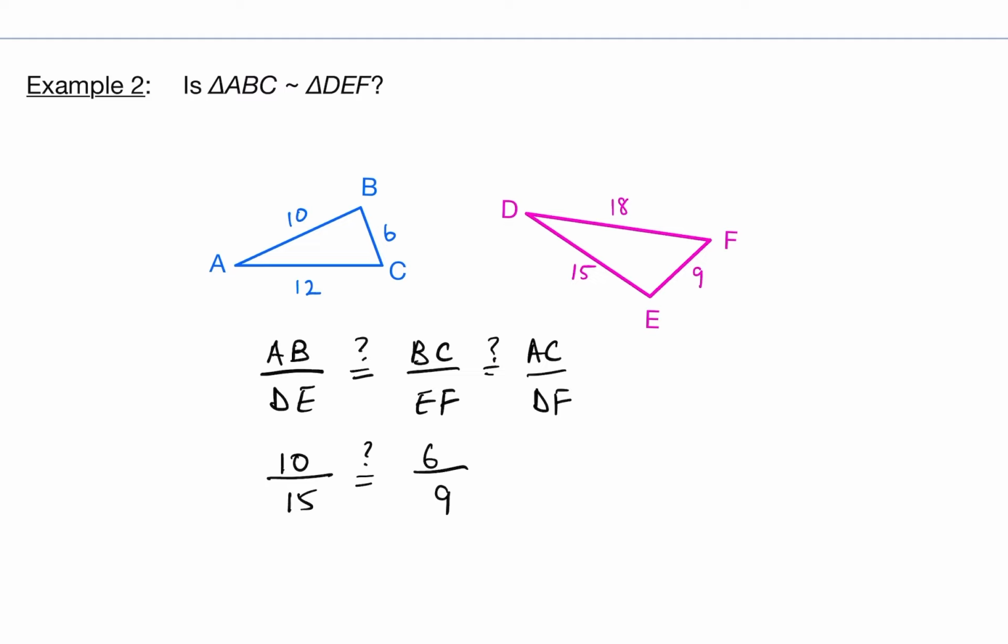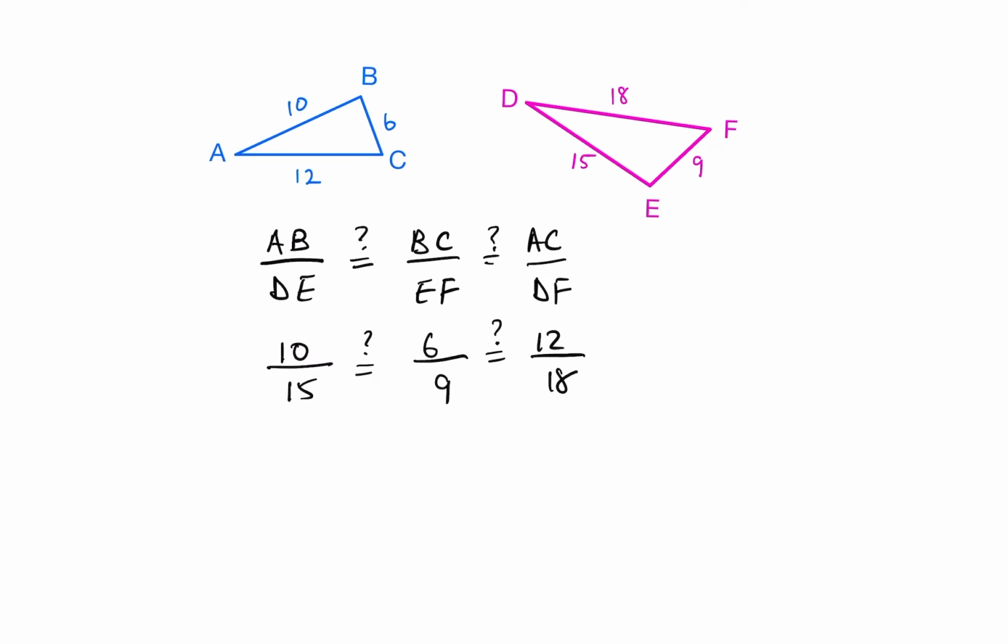Okay, BC is 6, EF is 9. And is that equal to AC, which is this part of the triangle, that's 12, over DF, which is this part of the triangle, over 18.